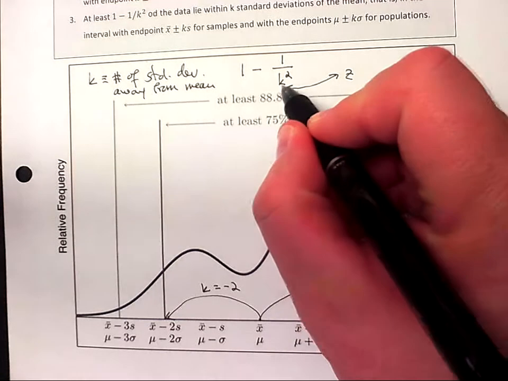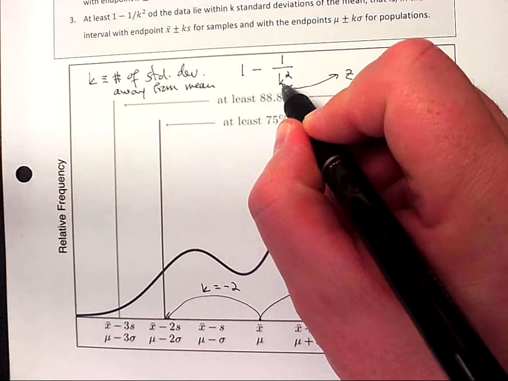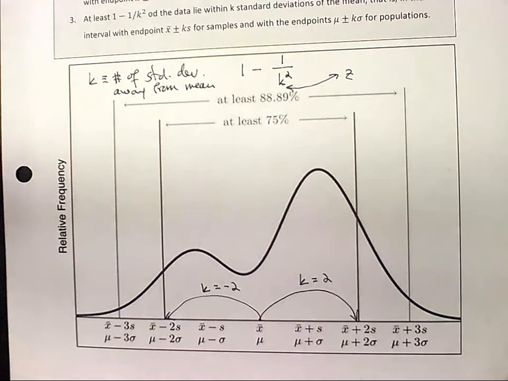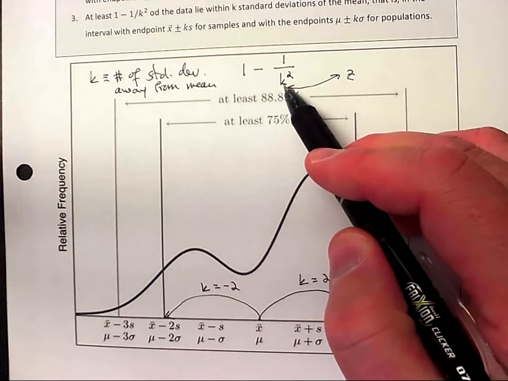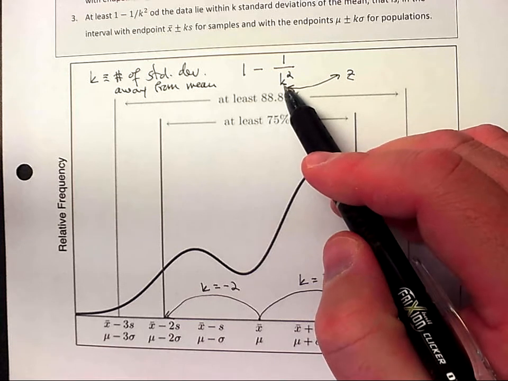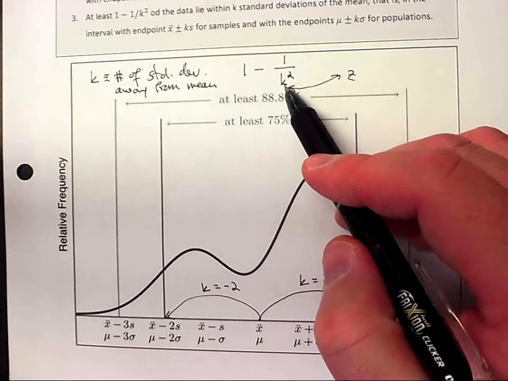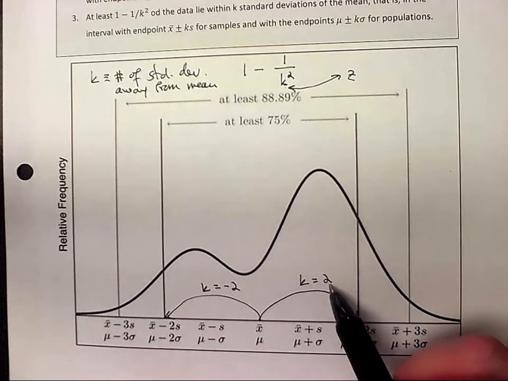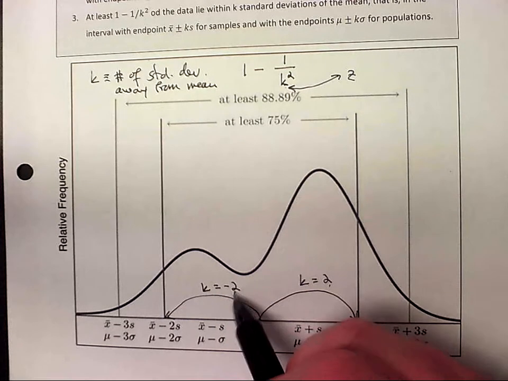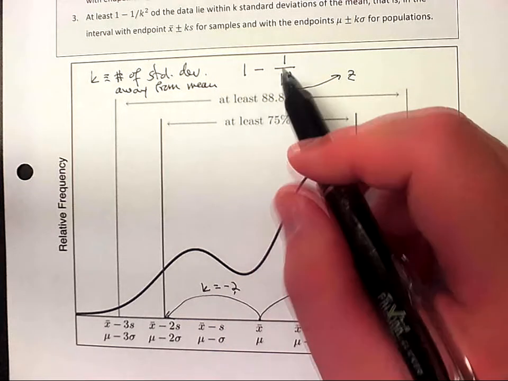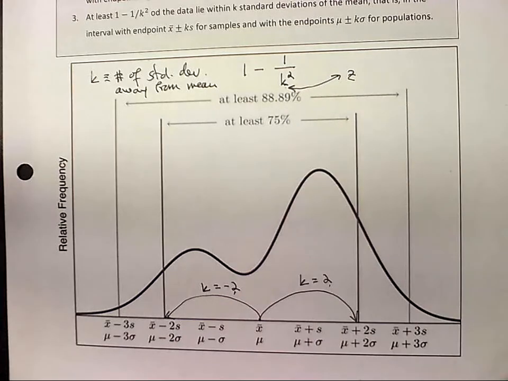We plug that value into this formula for k. Now, does it matter whether we plug in positive 2 or negative 2 into this formula? Why does it not matter? Because we're squaring it, right? So you can say, I'm going to take positive 2 and stick it in here, or you can say, I'm going to take negative 2 and stick it in here. It doesn't matter. Since we're squaring it, we always end up with the same thing, right?